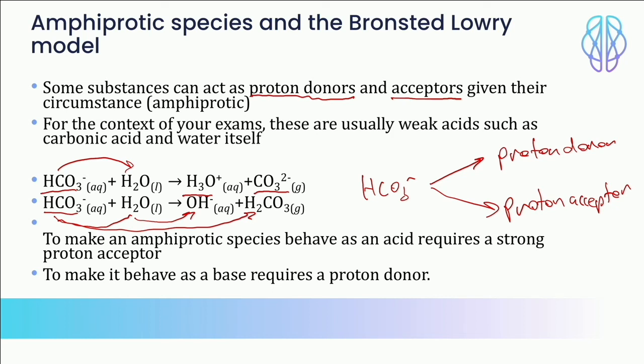A very high order association for you to understand is, when I talked about the right circumstance, this is what I mean. To make an amphiprotic species behave as an acid, it requires a strong proton acceptor or a catalyst. To make it behave as a base requires a strong proton donor.